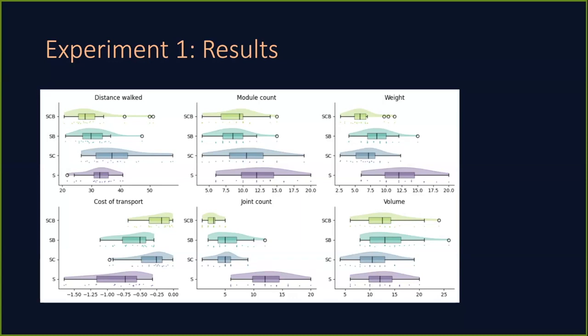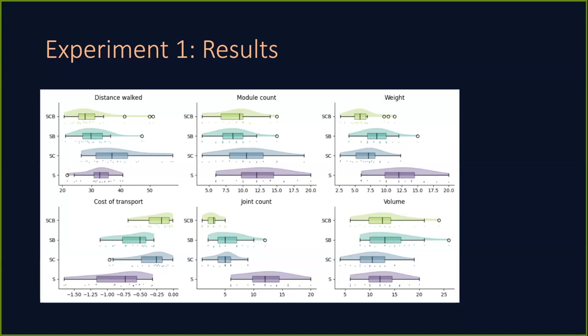This means that they can carry more mass over the distance they are walking. Since these have structural modules, there is more mass carried per actuator without losing speed, which means that they have a lower cost of transport.